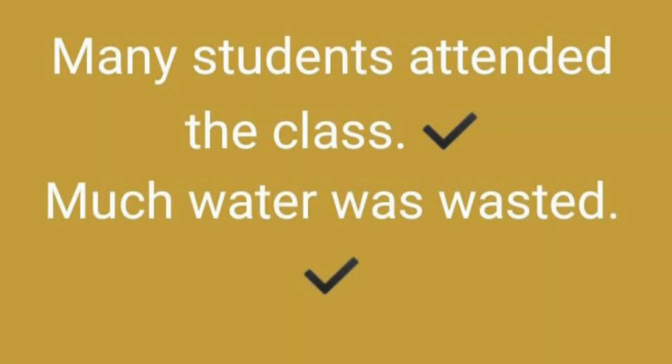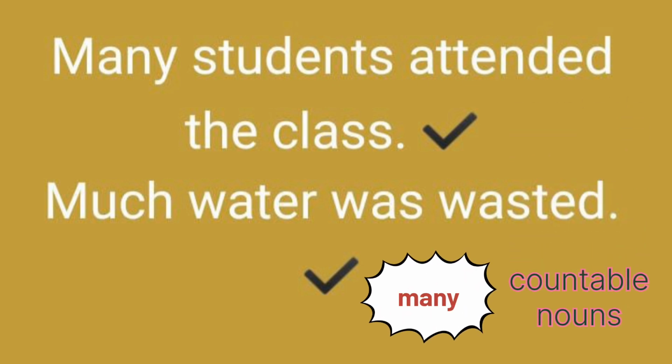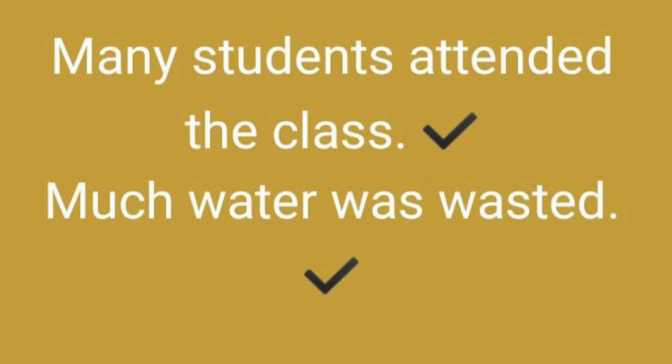Now let us move on to the sixth common mistake. The sixth mistake is confusing much and many. We use many for countable nouns such as books, students, or apples. For example, many students attended the class.